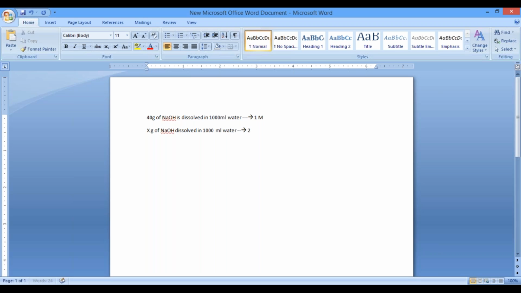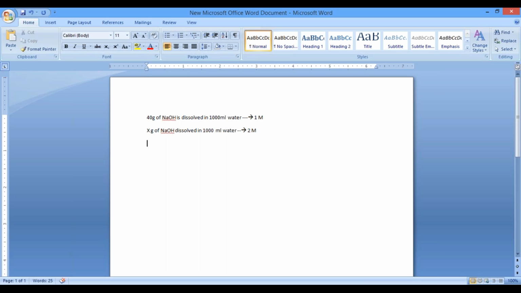The question? 2 molar. Yes. So here what is common? 1000 ml is common. You can strike it out and cross multiply for x.